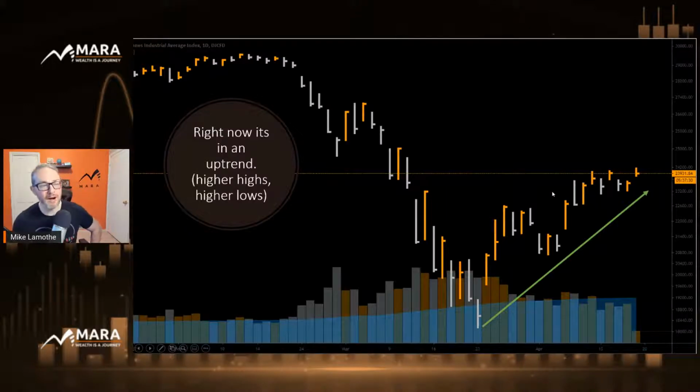The price bars themselves are getting a little bit less volatile, a little bit smaller, a little bit tighter around each other. You might even start to think this is starting to form a bit of a sideways trend. Interesting, right? It's interesting how these things work that way.